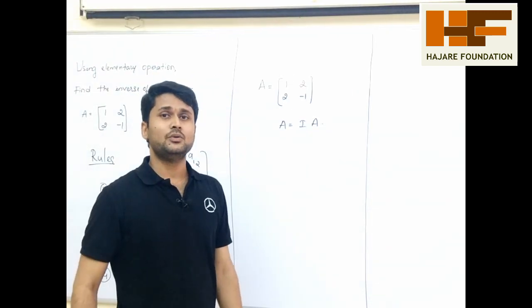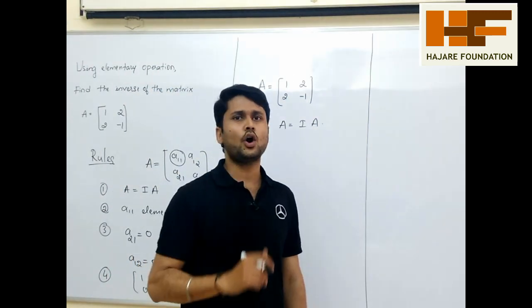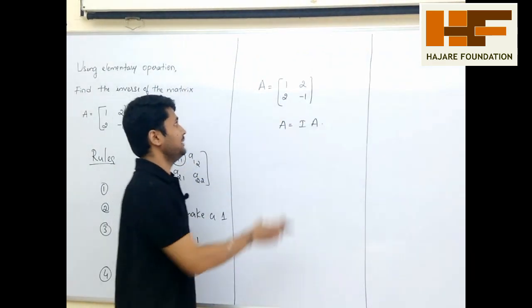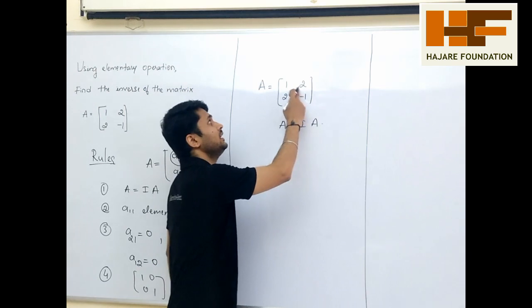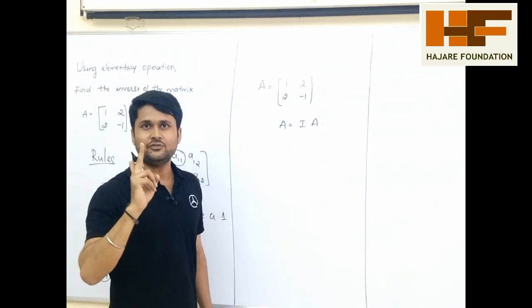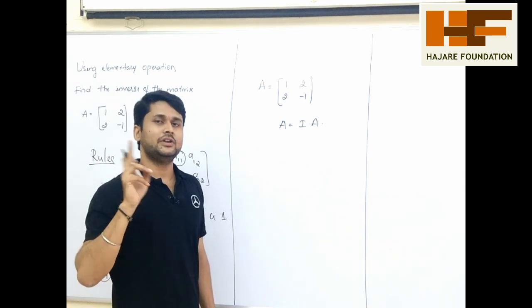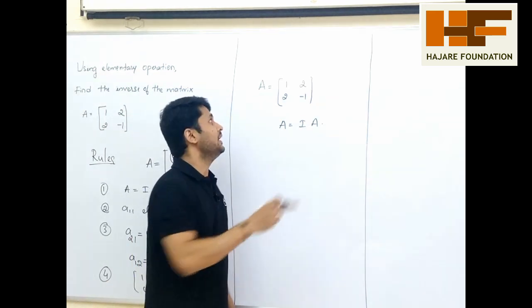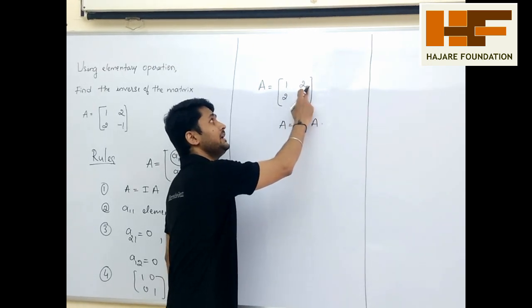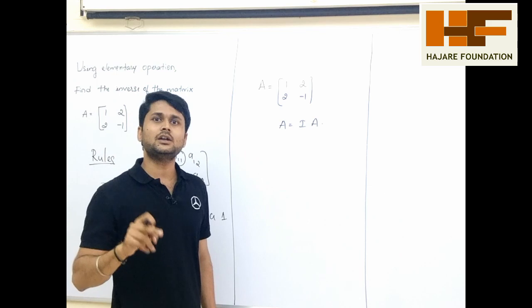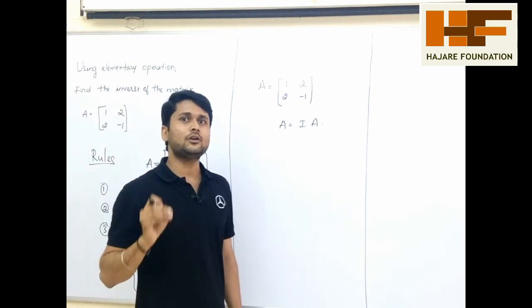Same example we have to solve using a column operation. Again, we have to remember the same procedure, but here make the A11 element 1. If it is there, no problem. If it is not there, we have to make that A11 element 1. Next, immediately we have to move to the A12 element, because here we are doing a column operation.